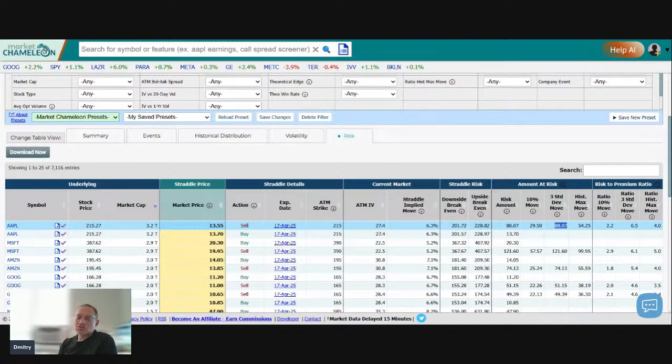In addition, what if we just looked at the historical max move in this time period? That would result in a $54 loss. So even though you sold at $13.55, you'd have to buy it back at a price that would result in a $54 loss to you.